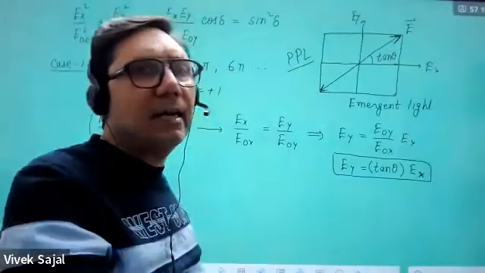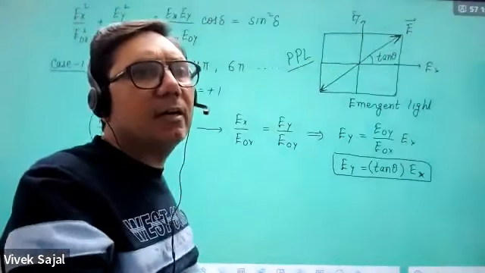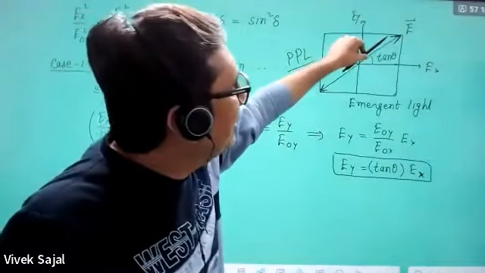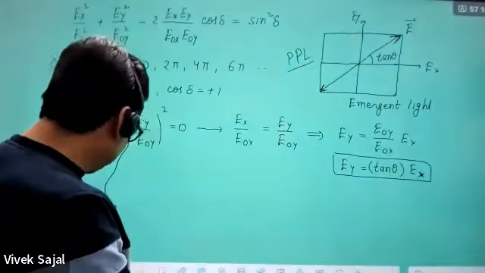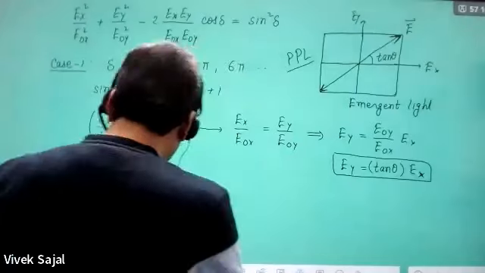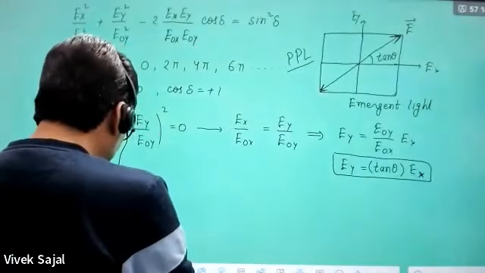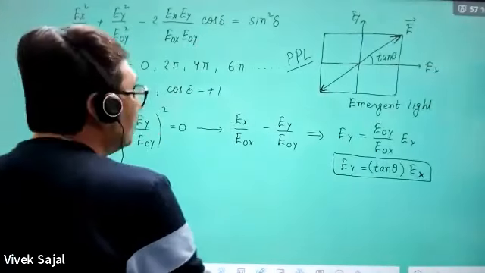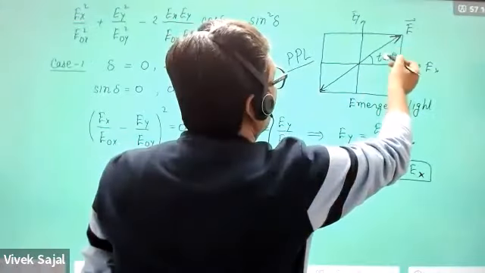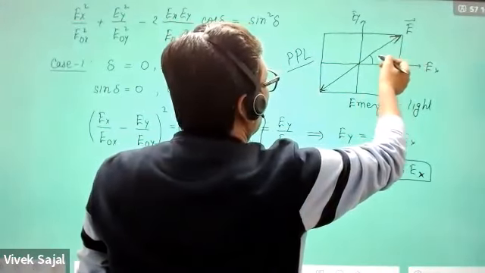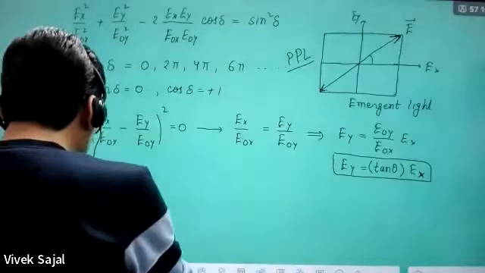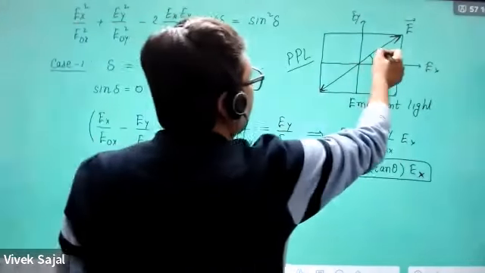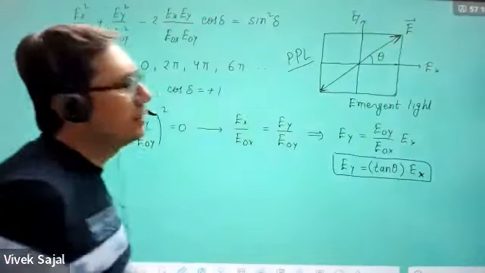Here in the emergent light, this is also plane polarized light, and electric vector is making the same angle theta with the x-axis.